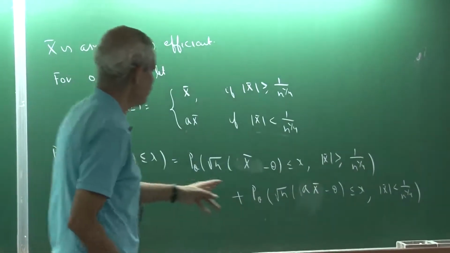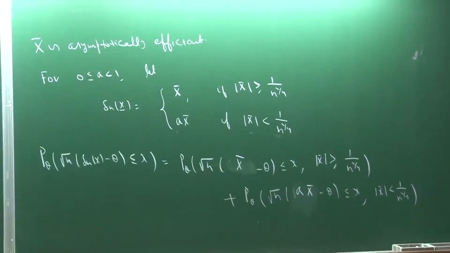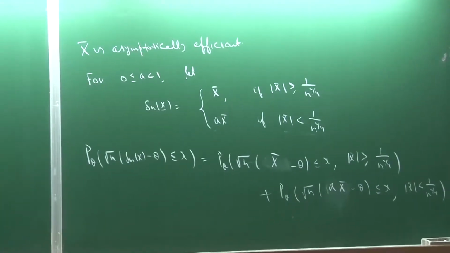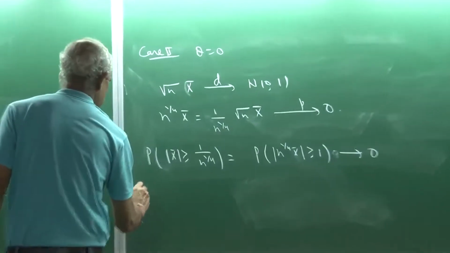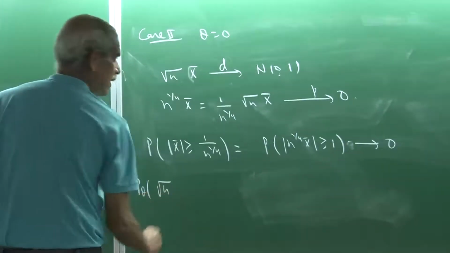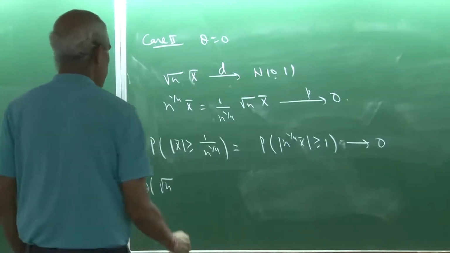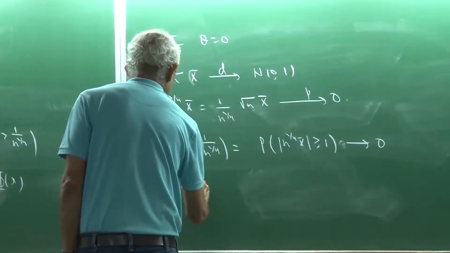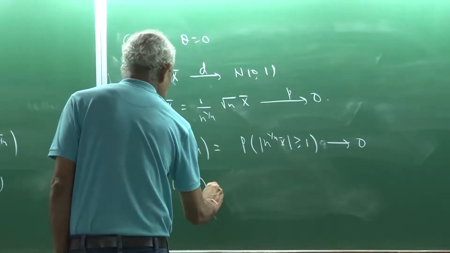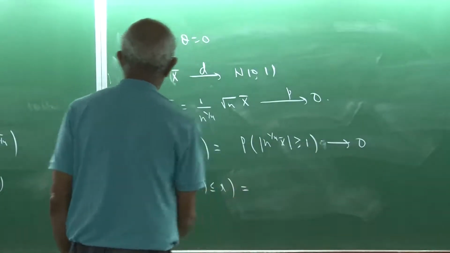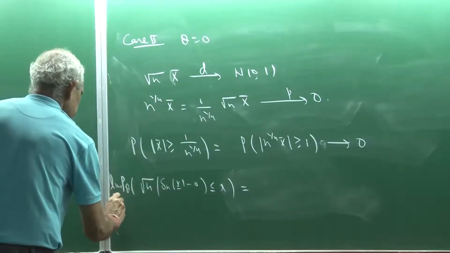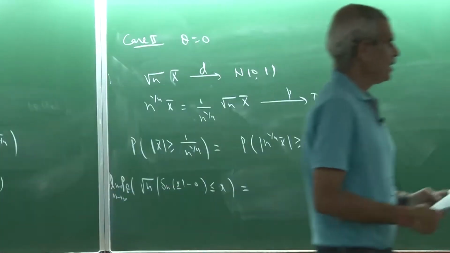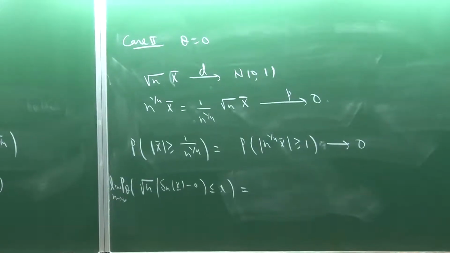So this limit would be the same as this limit, and this would finally be the same as the probability that root n, I'm just putting theta equal to 0 everywhere, delta n x minus 0 is less than or equal to x. In the limit, this would be the limit of this and the limit of this.